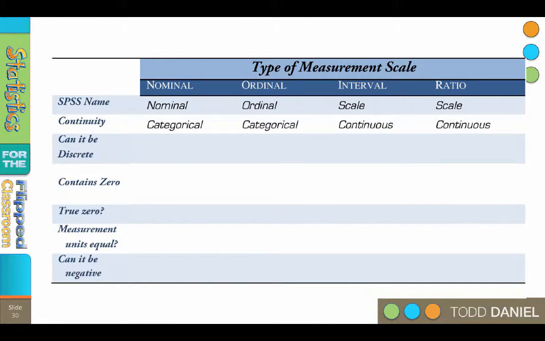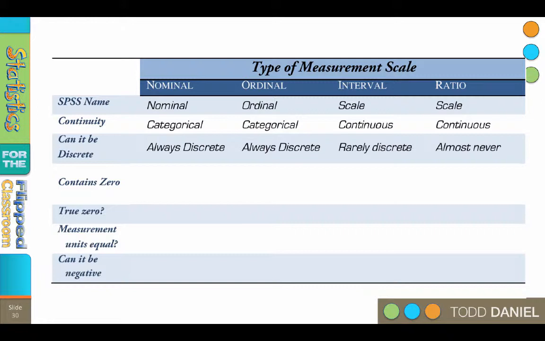Both nominal and ordinal scales are categorical data. Interval and ratio data are continuous. Nominal and ordinal data are always discrete data. That means that you can only have whole numbers.